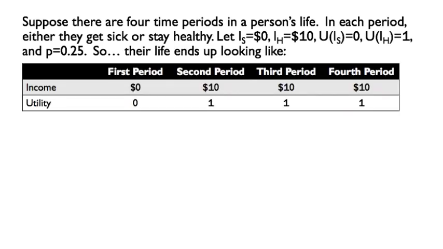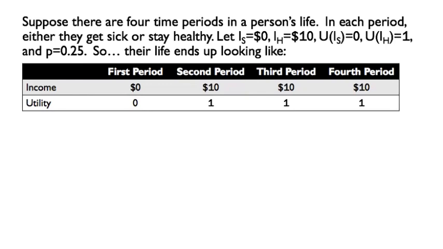What we would expect in that setup is that for this person who lives for 4 time periods, if they have a 25% chance of getting sick in any one given time period, then in one of their 4 time periods, they would get sick and they would have an income of $0 and a utility of 0.